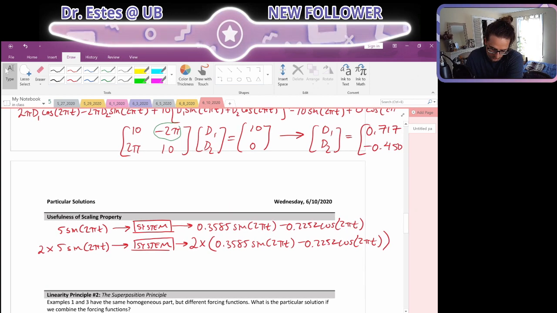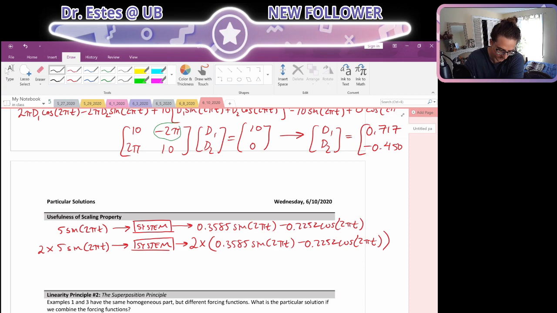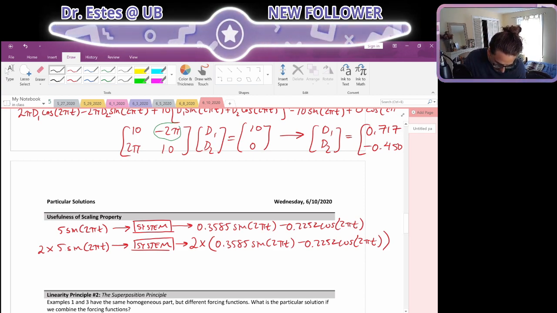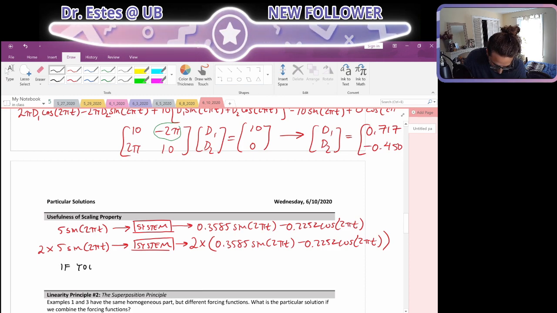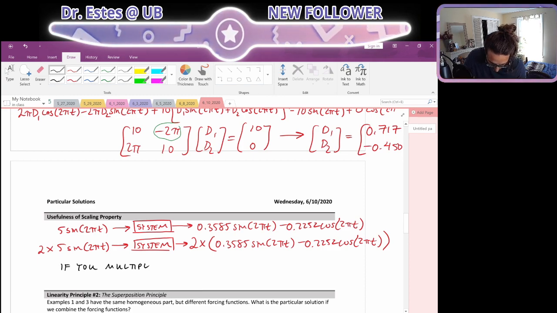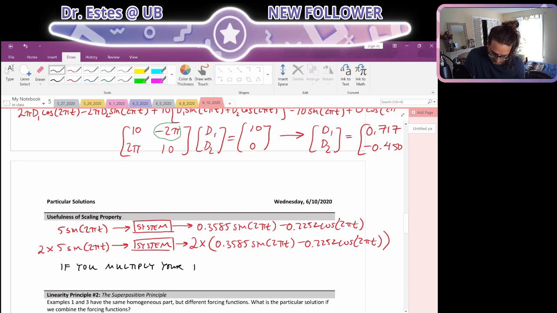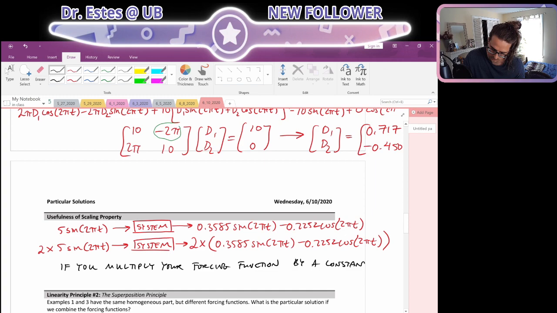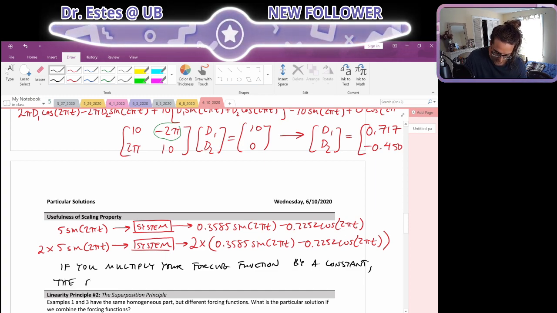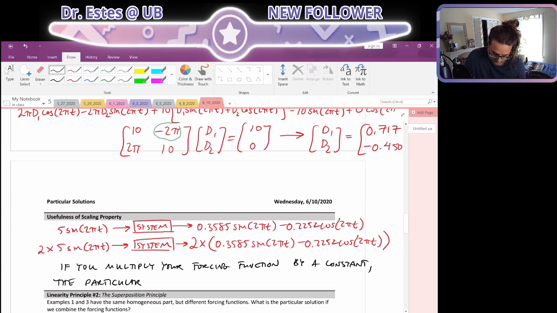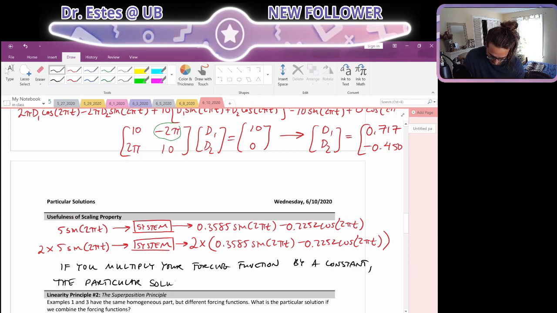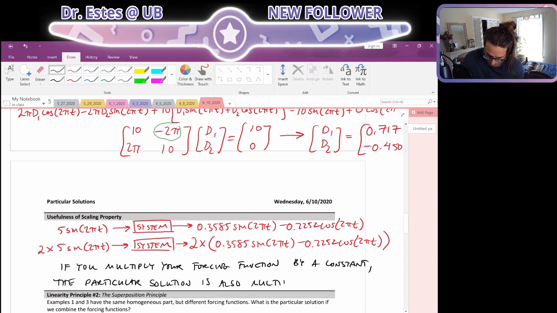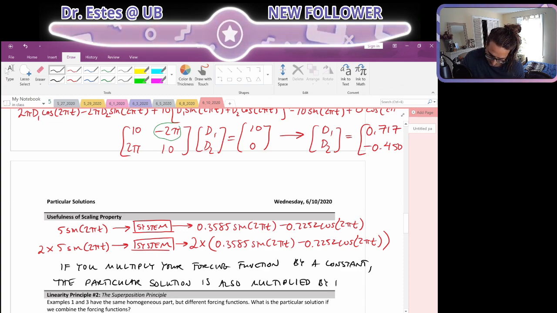So let's write this out in words. If you multiply your forcing function by a constant, the particular solution is also multiplied by that constant.